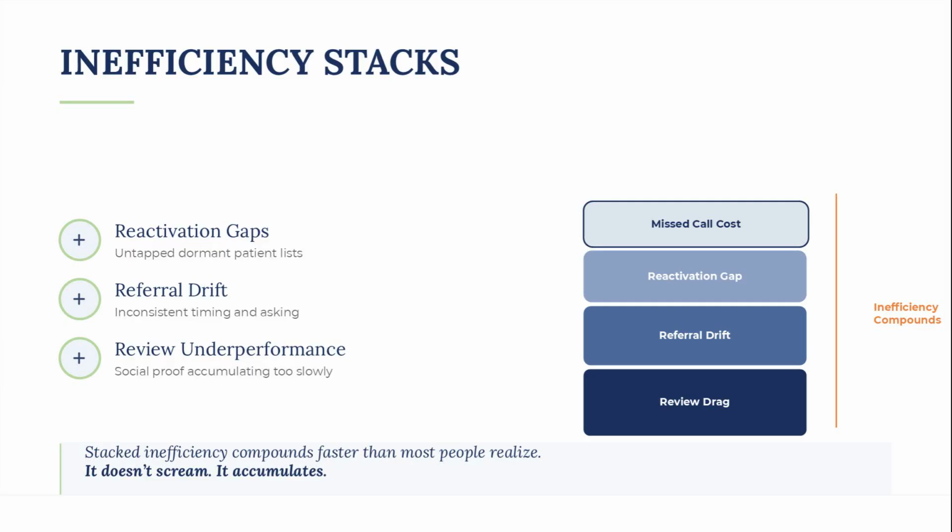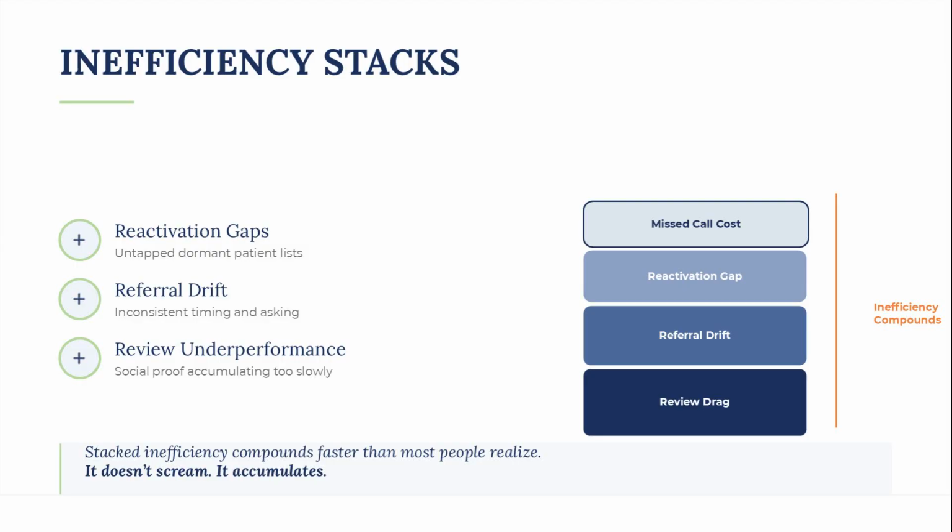Now expand that beyond a single point, because inefficiency rarely exists in isolation. It stacks. A patient who intended to return but never did. A referral that could have happened but didn't. A review that was never captured. A missed call. Unconverted interest. Each one small on its own, but layered together, they don't just add up, they accelerate. And that's what makes this difficult to see.